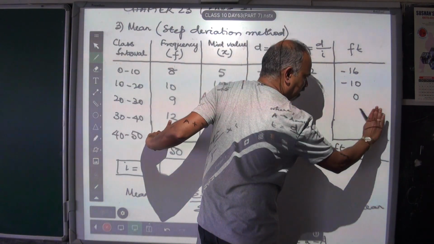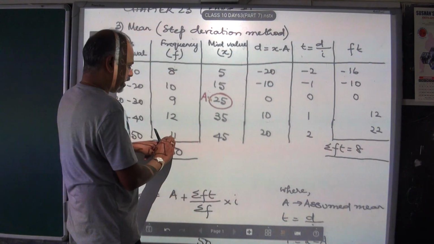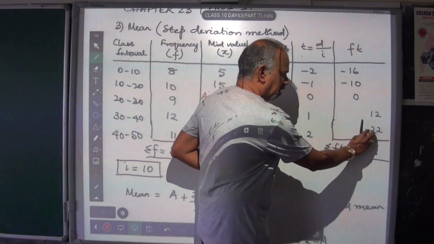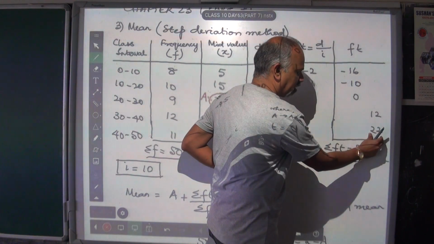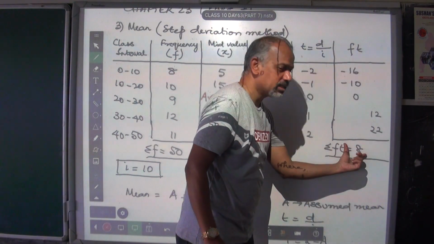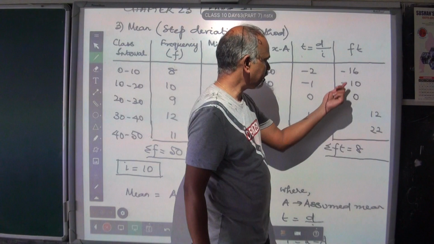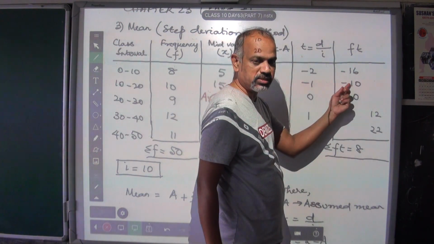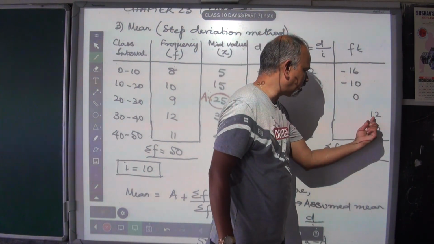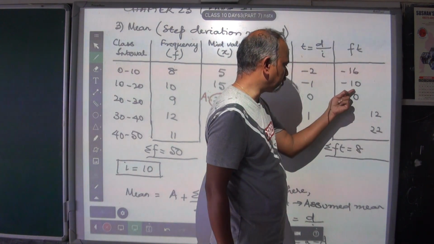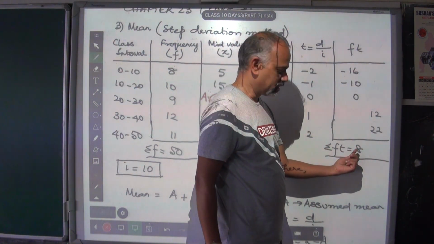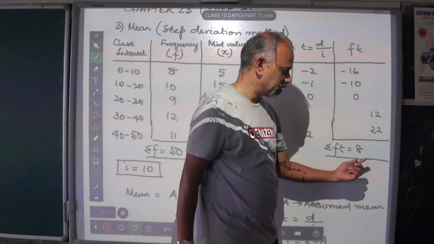I have written positive values separately, 12. Then 11 into 2 gives you 22. Negative values are here, positive values are here. Add up all this, that will give you sigma ft. Minus 16 minus 10 is minus 26, and these two together is 34. 34 minus 26 will give you 8. That's your sigma ft value.